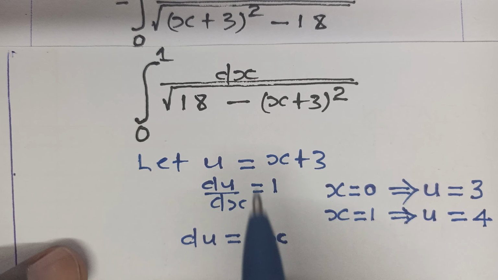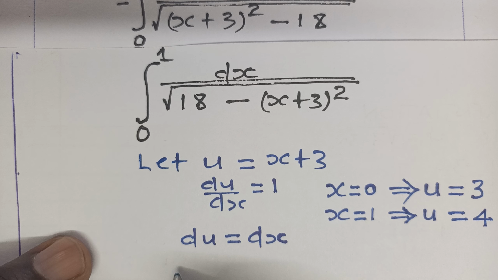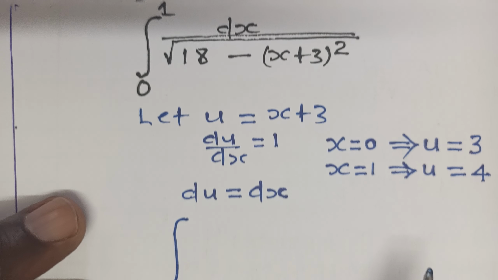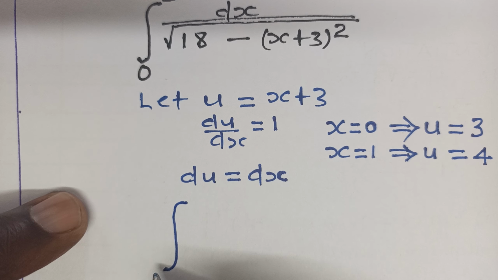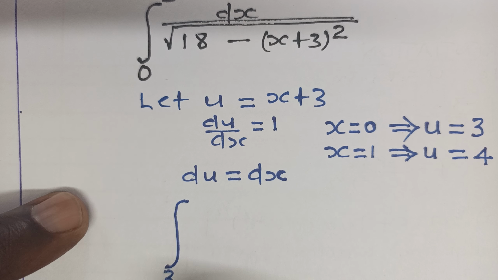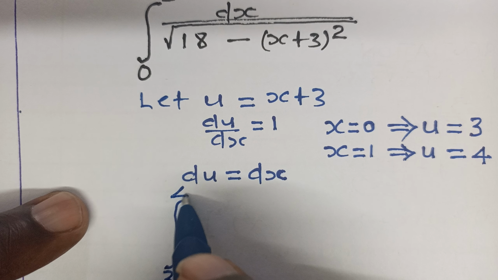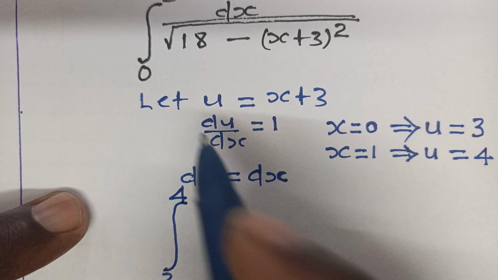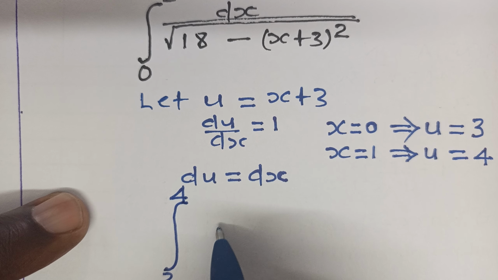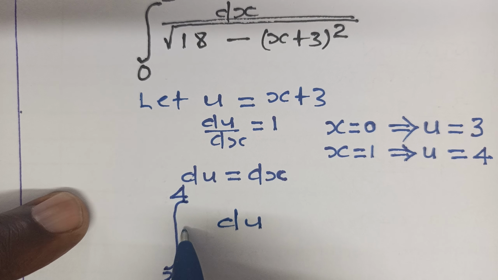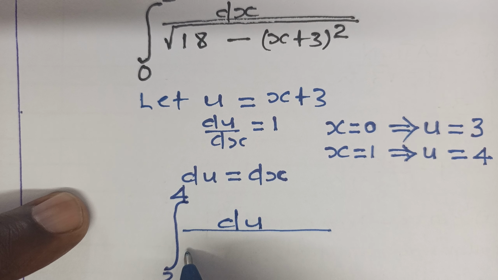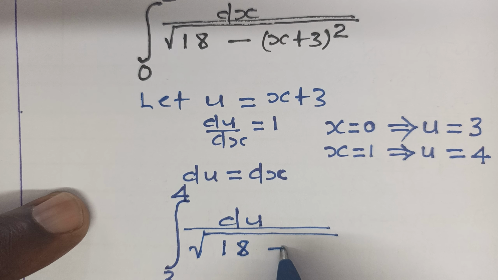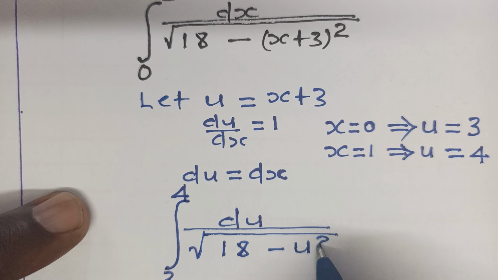And therefore, guys, now we come and write in terms of u. For that, you are going to have the integral from 3 to 4 of du, since du equals dx, all over the square root of 18 minus u squared.